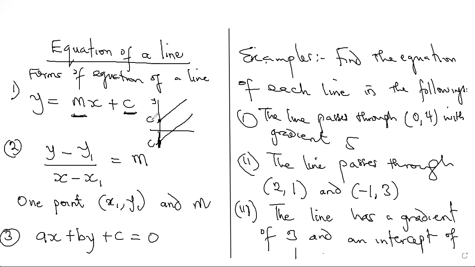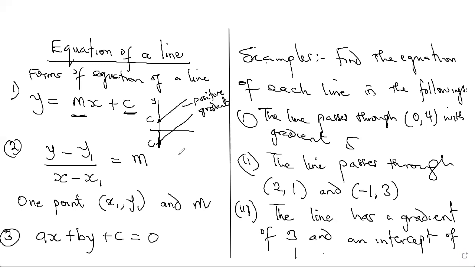That's c. For m, you can have an idea of the nature of the gradient of a line by looking at the way the line slopes. If the line slopes from left upwards towards the right, it's going to have a positive gradient.